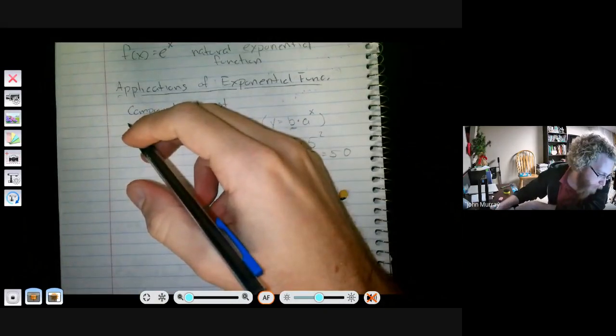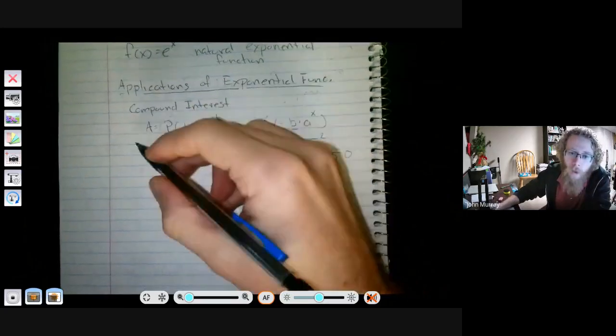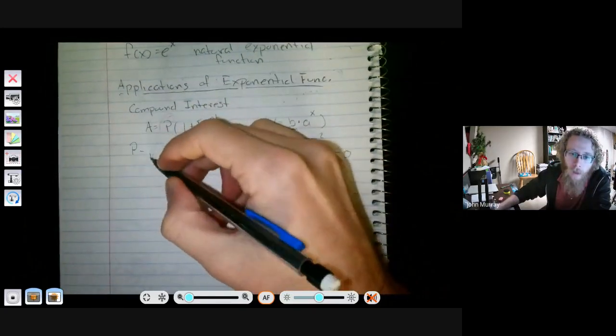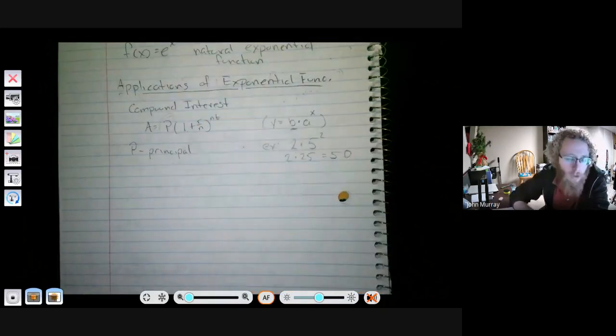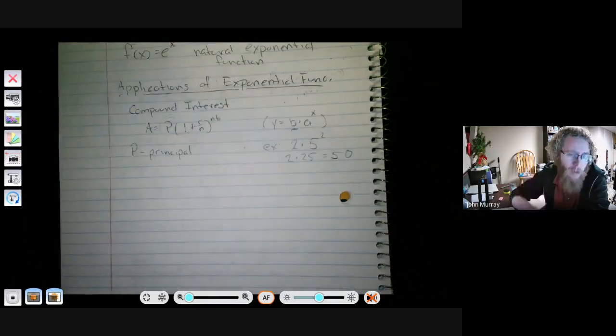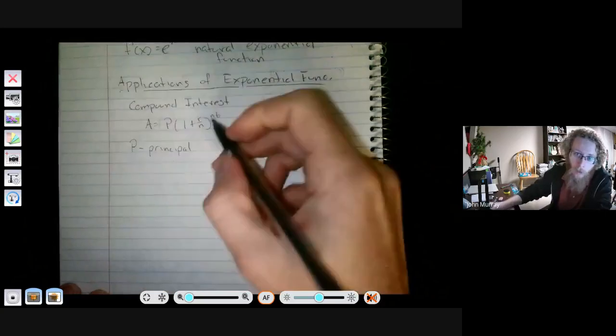So here we have P, which is called the principal, which means your starting amount of money. So how much either you borrow or how much money you deposit into the savings account. So it's your initial starting point, okay?